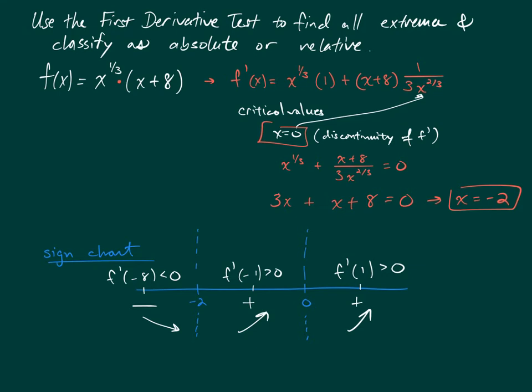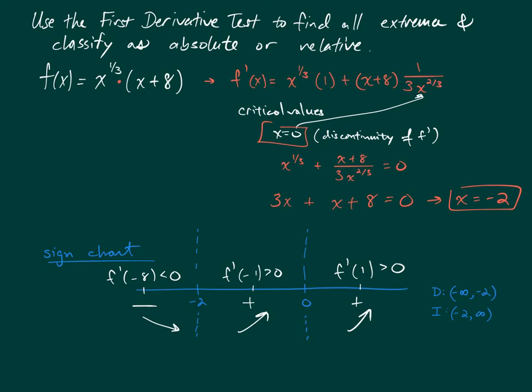So this graph from left to right goes from decreasing from -infinity to -2, to increasing between -2 and 0, and then at 0 it stops increasing and starts increasing again. So if we were looking for intervals on which this function is increasing or decreasing, we would say that this function is decreasing from -infinity to -2, and then increasing from -2 all the way over to infinity.